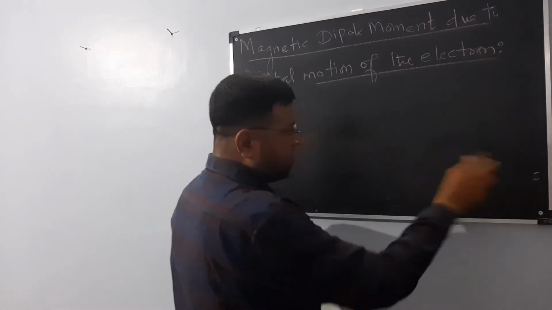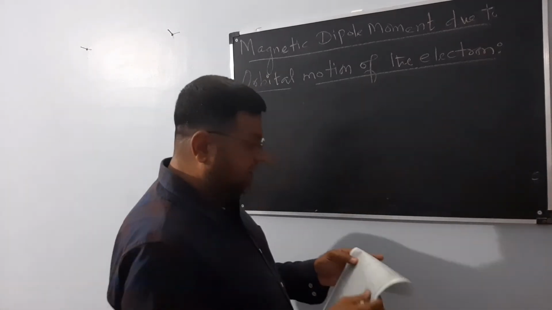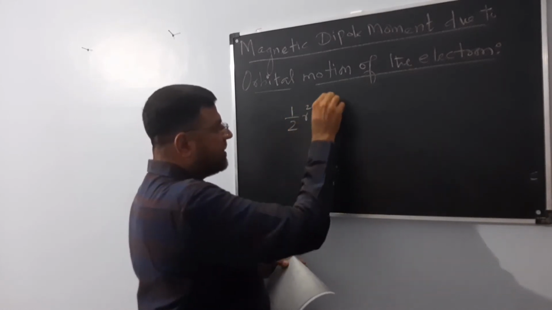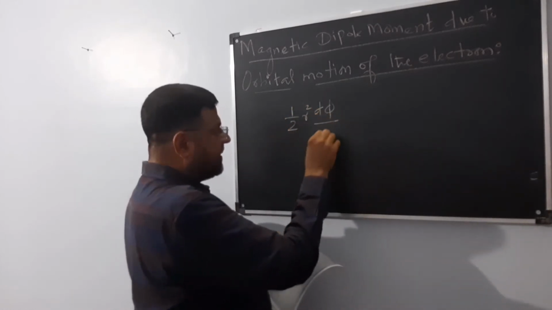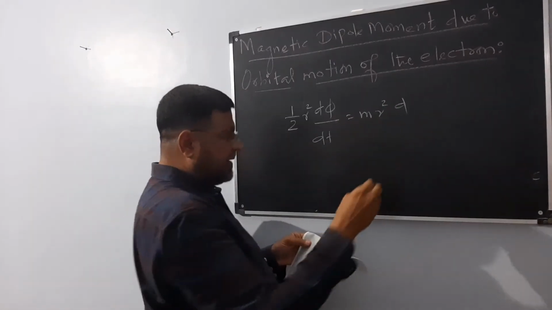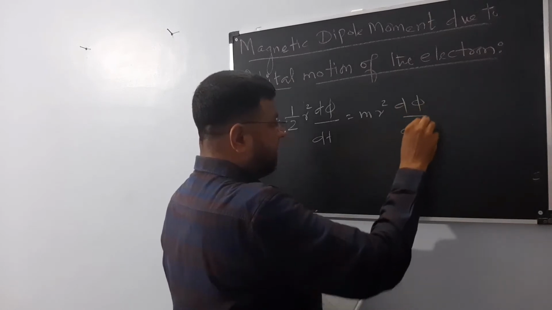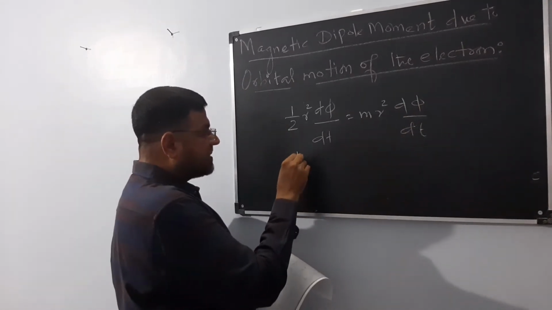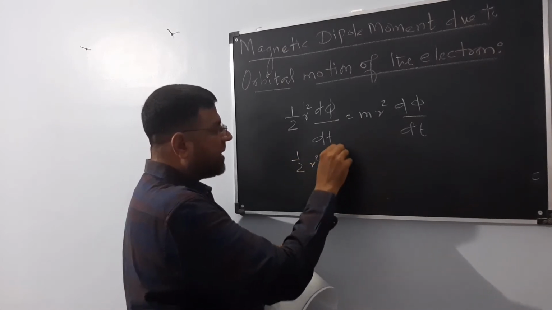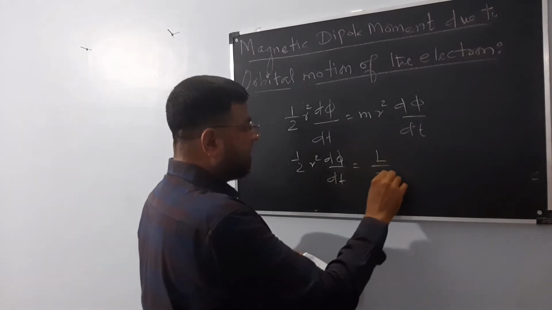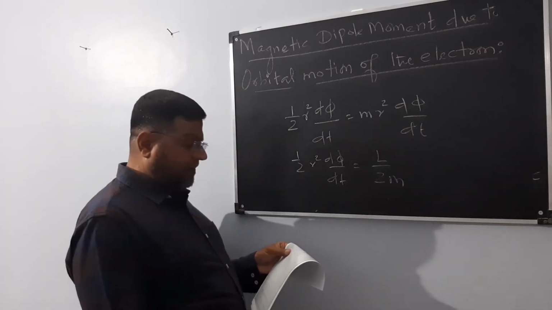When you equate these two equations, it can be written as ½ r² dφ/dt is equal to L by 2m.